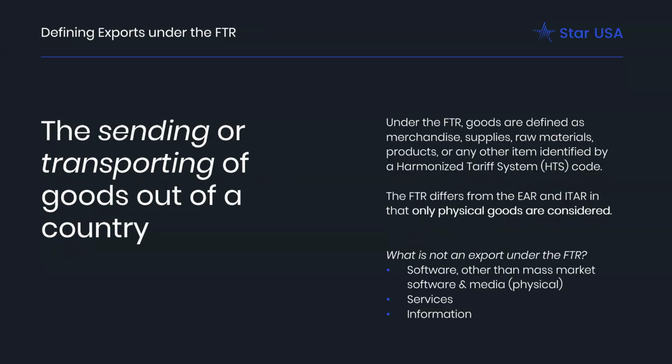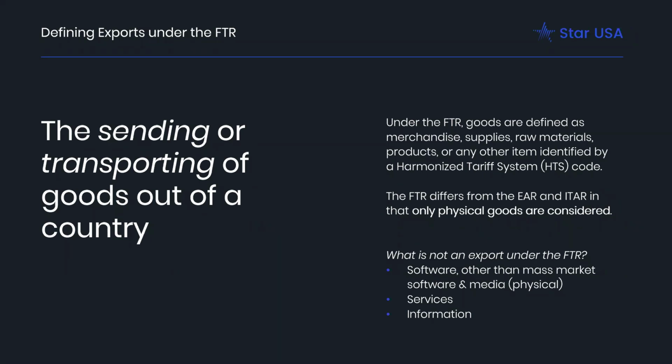First up to understand is what an export is under the foreign trade regulations. And this is defined in 15 CFR 30.1 as the sending or transporting of goods out of a country. Under the foreign trade regulations, goods are those physical items, raw materials, supplies, merchandise, products, any other item identified by the Harmonized Tariff System.